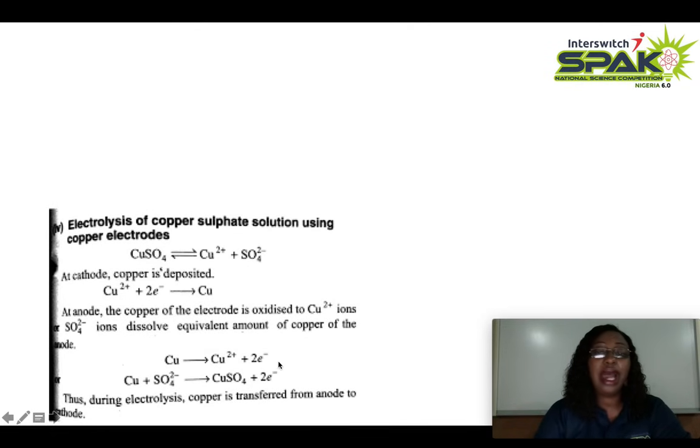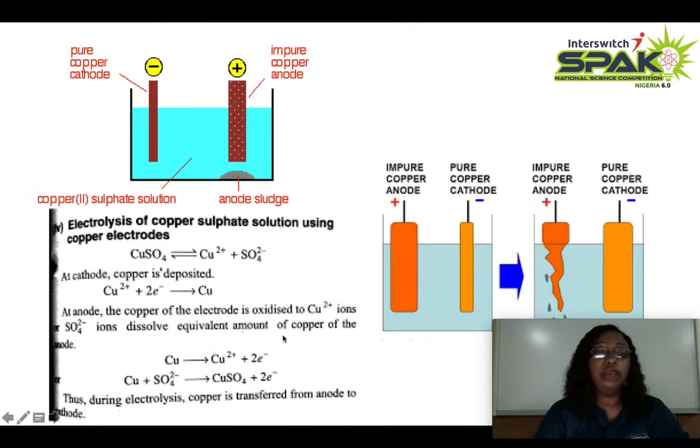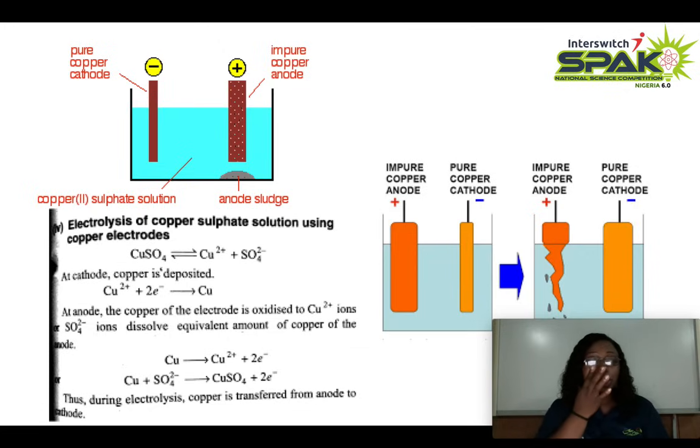We also have another major thing we need to look at, which is purification of copper. Now, I said earlier, copper is one of the less reactive elements that we have. So most times you don't have to do electrolysis of it, and you also do not have to reduce it by carbon, but you find it on its own.